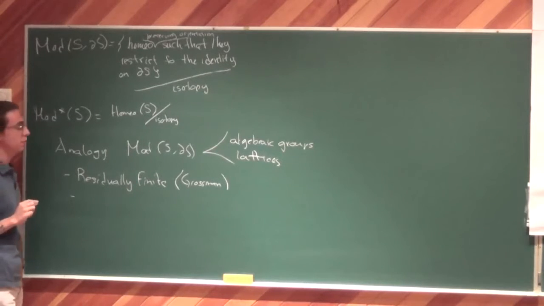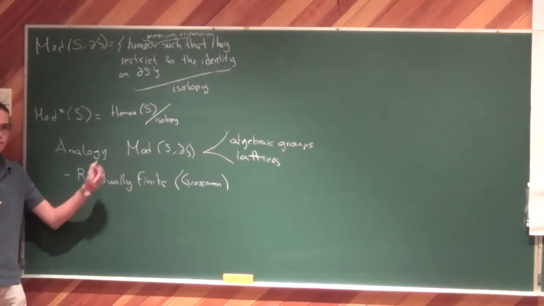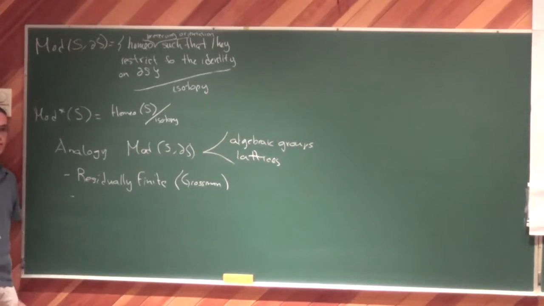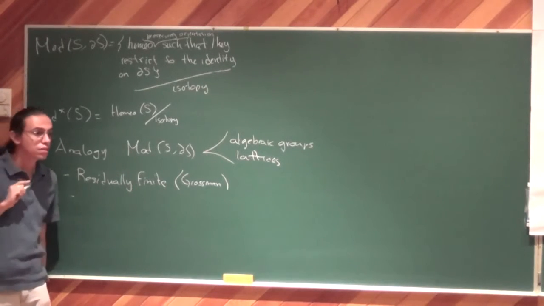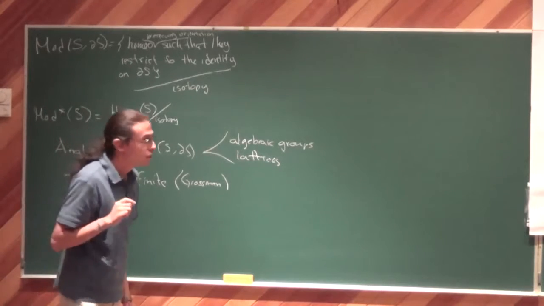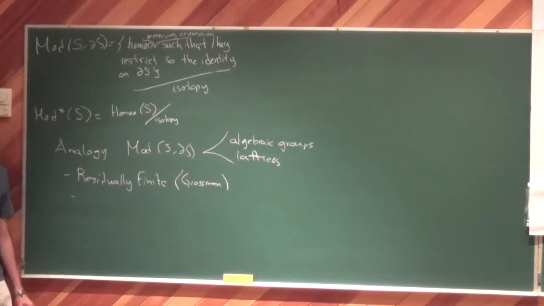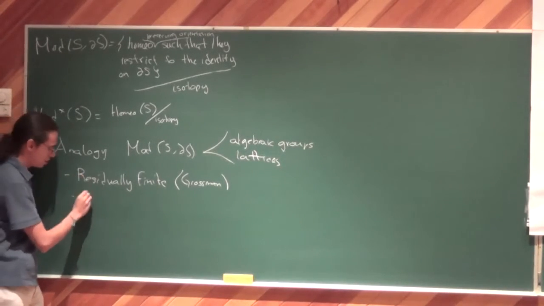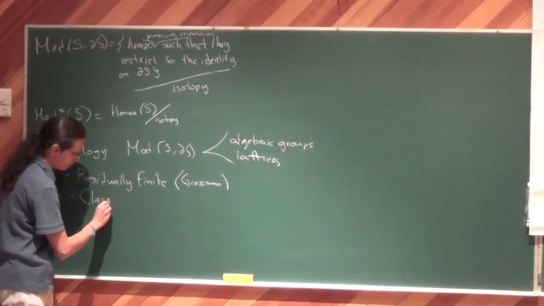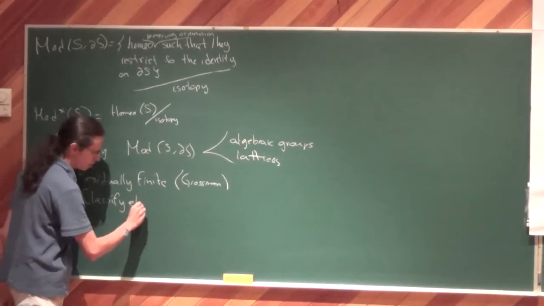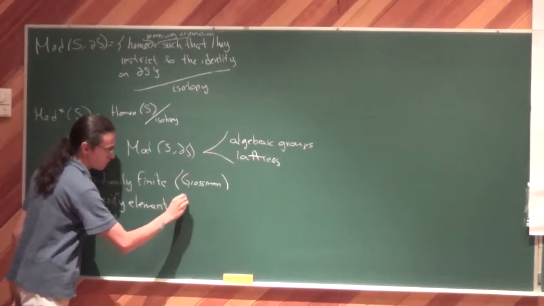Also, the way we can classify the elements of the mapping class group is analogous to the way you can classify the elements of an algebraic group. Residually finite means finite quotients. Sorry, because the way we can classify the elements was one of the first ones.